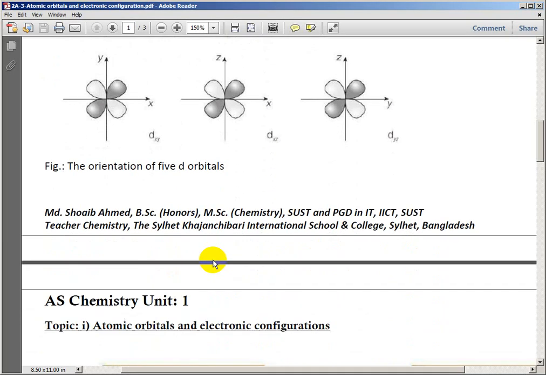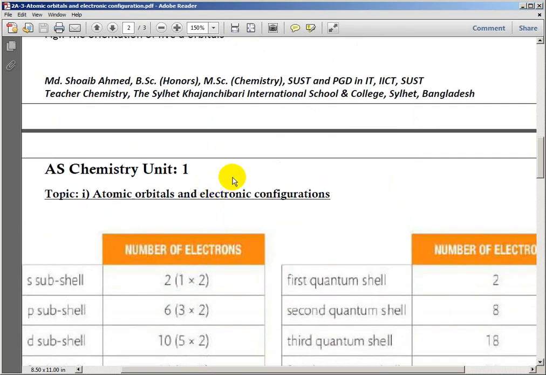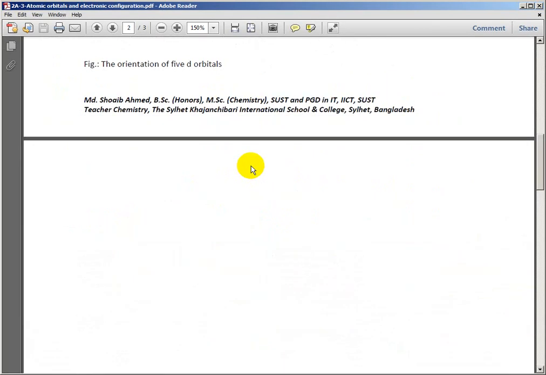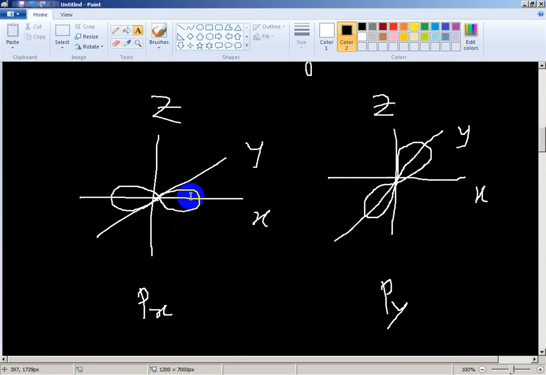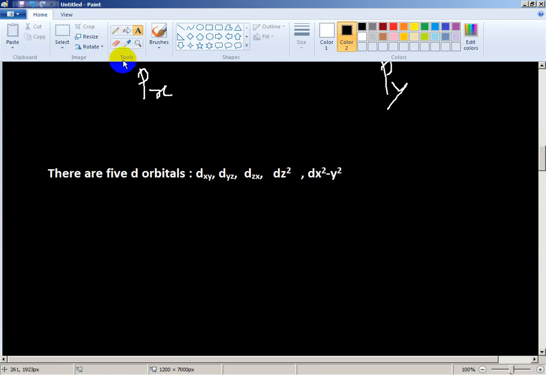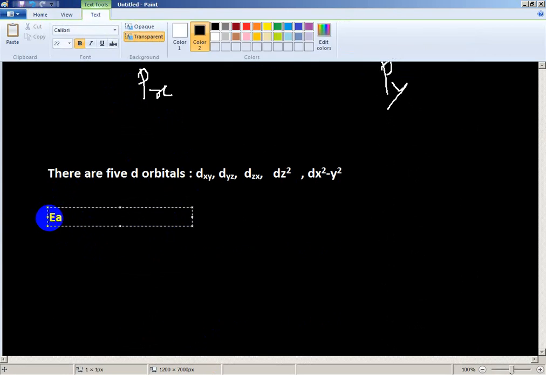Electrons in an orbital. Each orbital can contain 2 electrons.